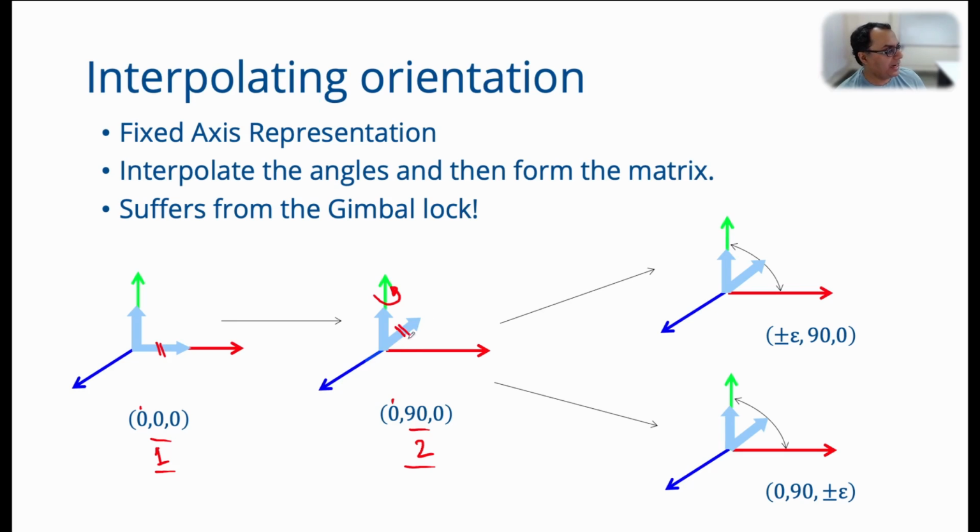And now if you try to change the x angle or the z angle, the effect on the orientation of the object appears to be the same. So what happens because of this rotation about the y-axis is that the object essentially loses 1 DOF. 1 degree of freedom is lost. Or rather 2 degrees of freedom collapse into 1 degree. So the gimbal lock represents a sort of a singularity in this representation of orientations.